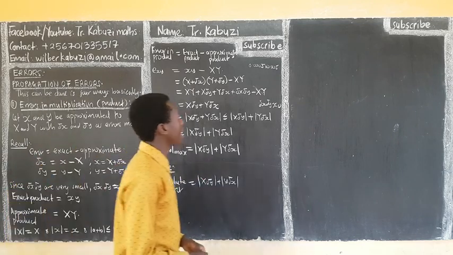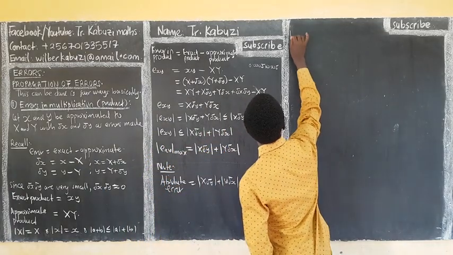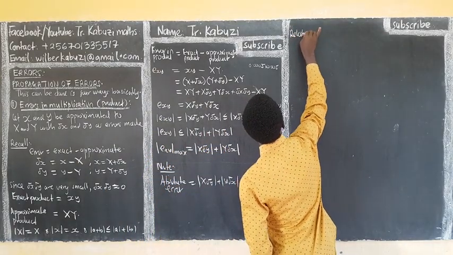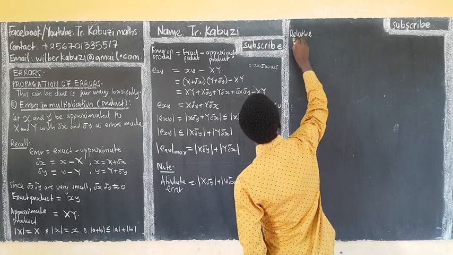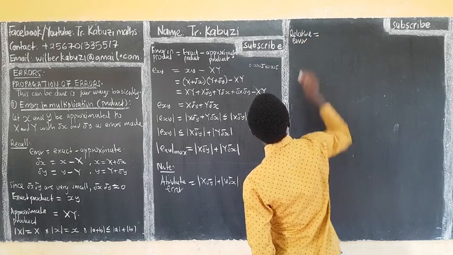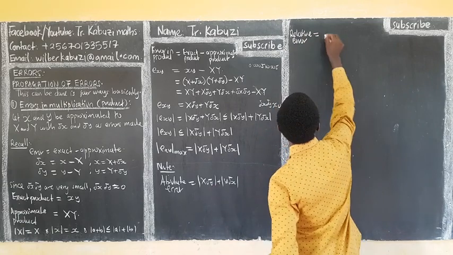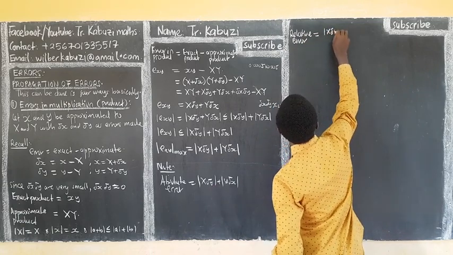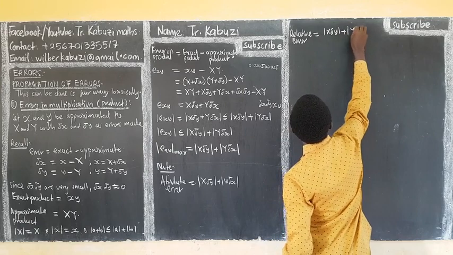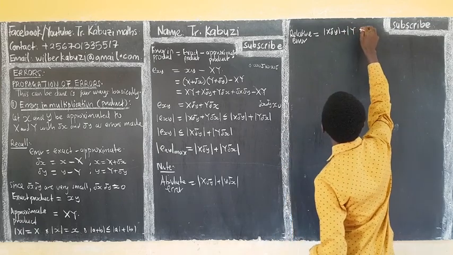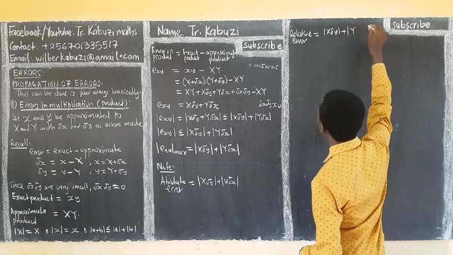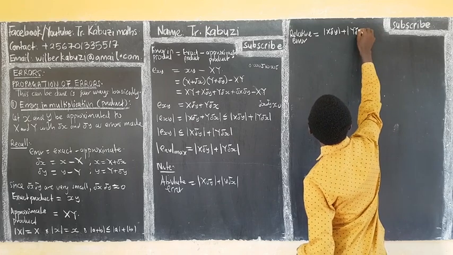So then if we want the relative error, we said our relative error is the ratio of the absolute error over the actual value. So we are going to be adding now x delta y plus capital Y delta x.